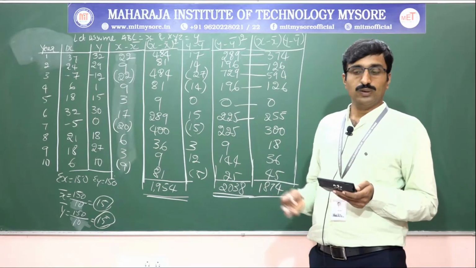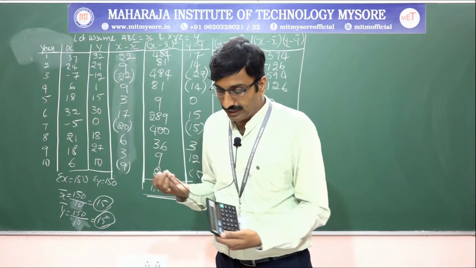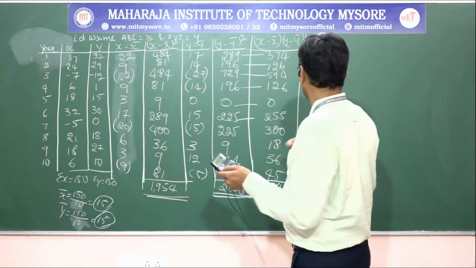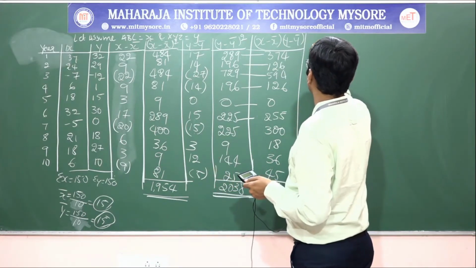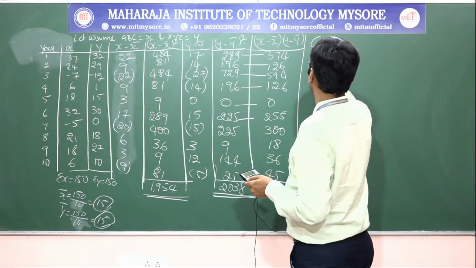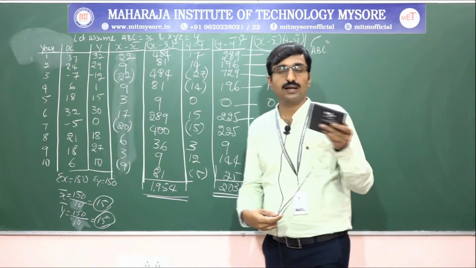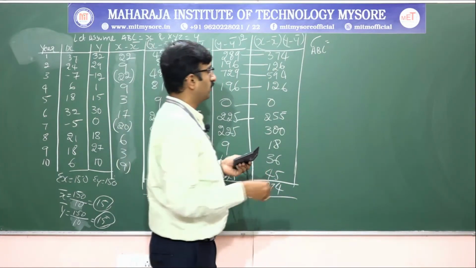Next, find out the first question. Calculate the standard deviation of each company's return. So first we have to find out the standard deviation of ABC. The formula was already given in the previous sessions. So what is the formula?